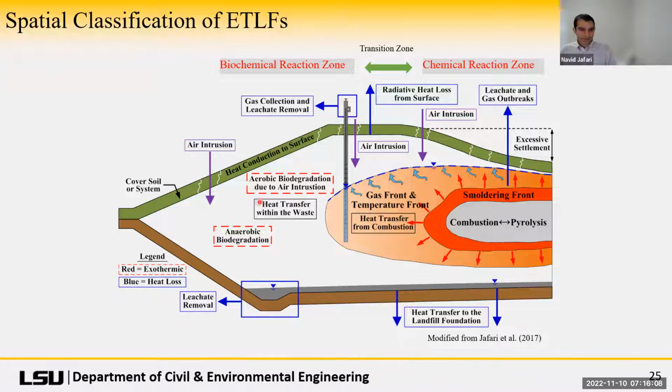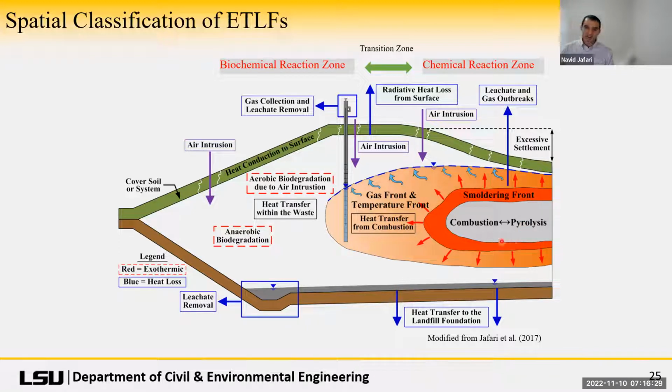So on the very left is anaerobic decomposition, same old normal operations like cell 4 for the facility. And then what's happening in cell 5 and cell 7, there is a heat core where there's that exothermic reaction from smoldering, and which is then facilitating pyrolysis of the waste.